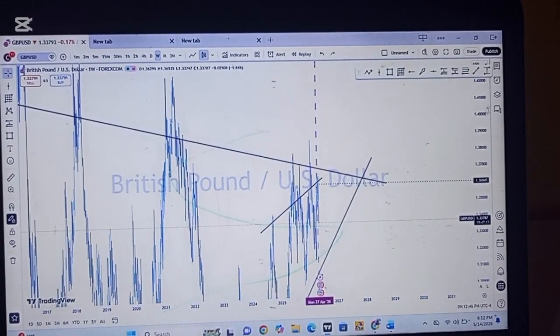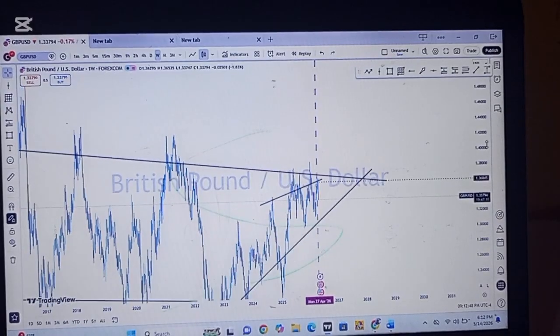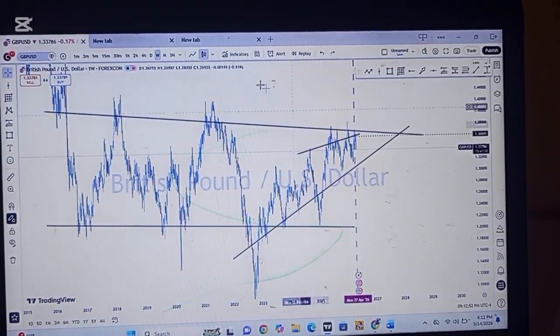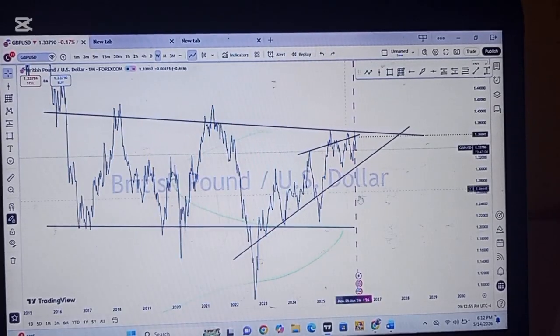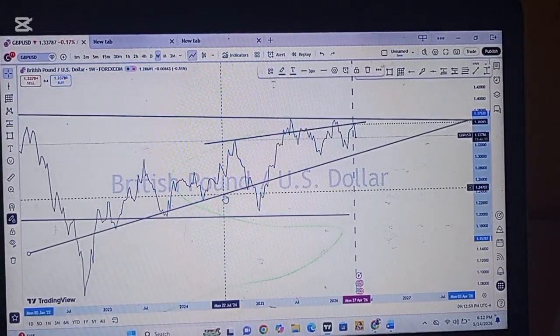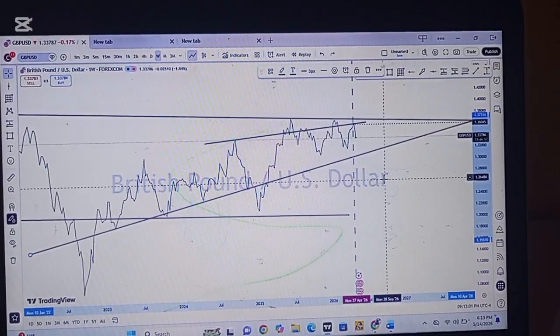So we have two lines remaining. We have the trend line support and the trend line resistance. That's what we are having right now. We have the trend line support and trend line resistance.